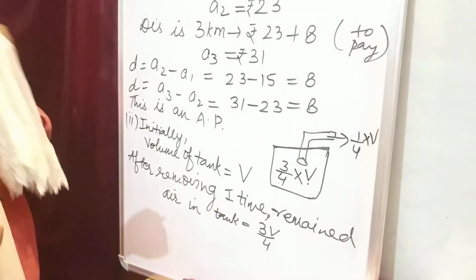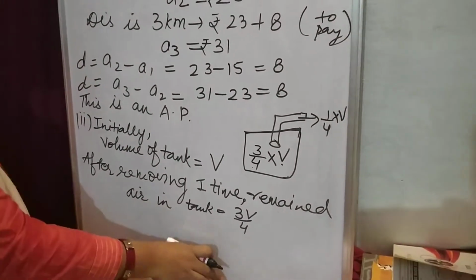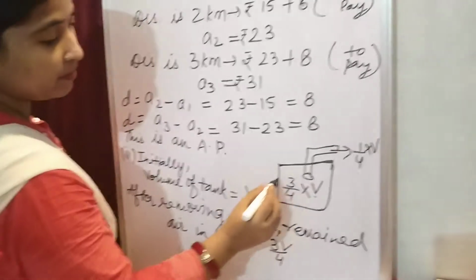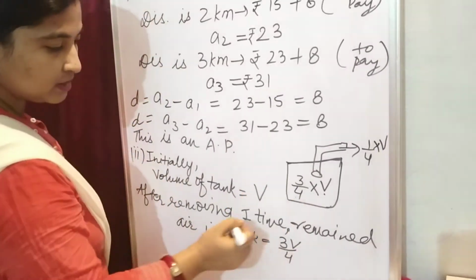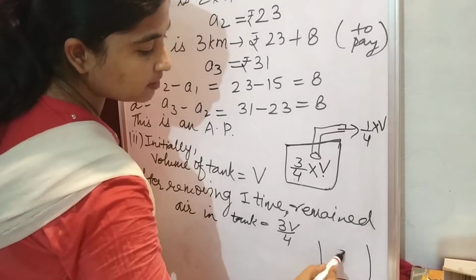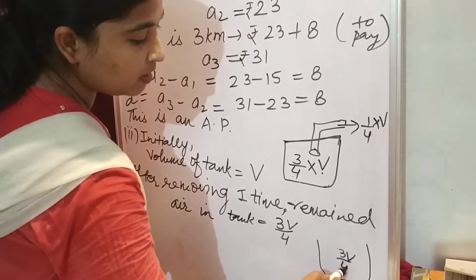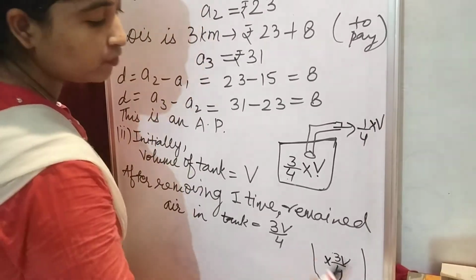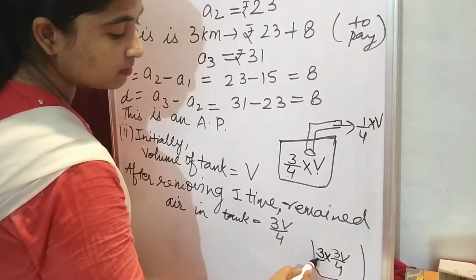Okay. Now again, if this much air is remained, and this was the first time, if I am doing the same for the second time, remained air is how much? Remained air is 3V/4. So how much of this will remain in the container?